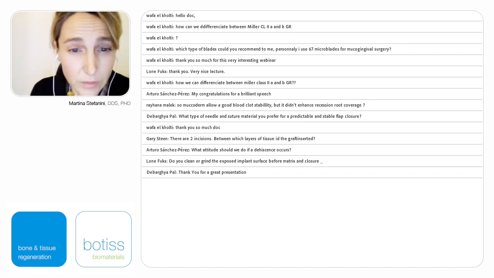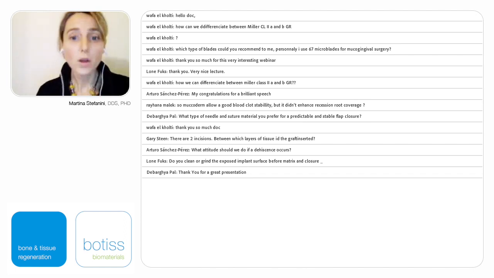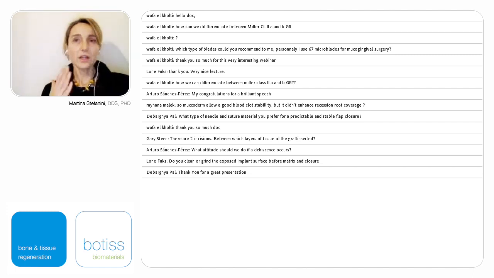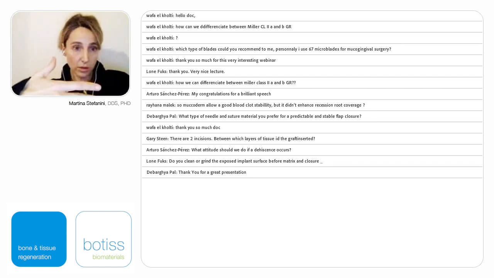One question: if there are two incisions, between which layer of tissue is the graft? No, the graft and the collagen matrix should be placed above the root and above the bone crest, which has been exposed with full thickness exposure in the central portion.